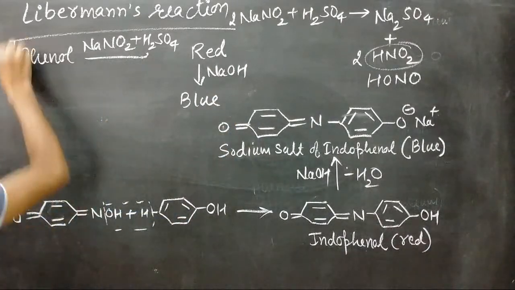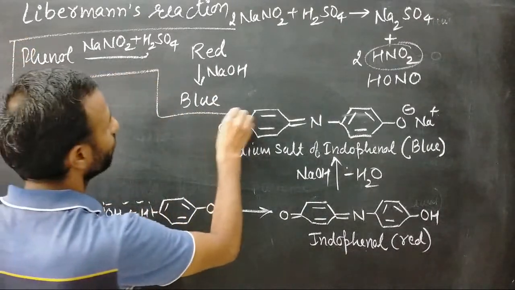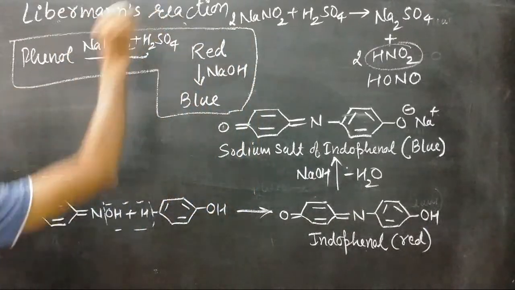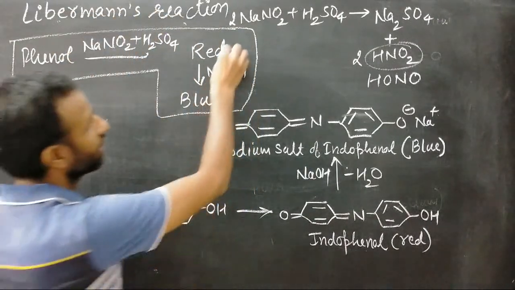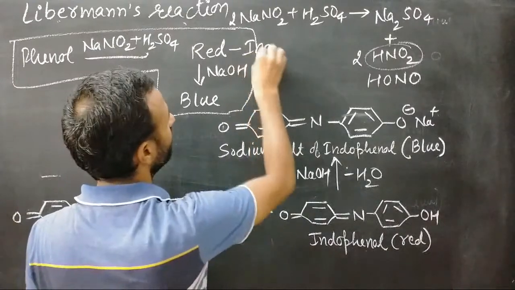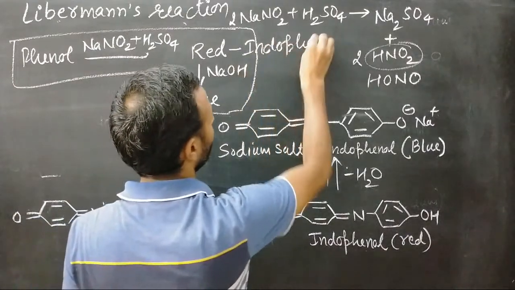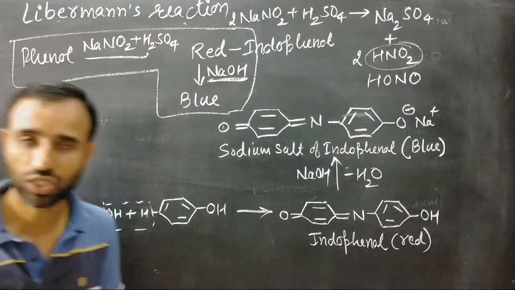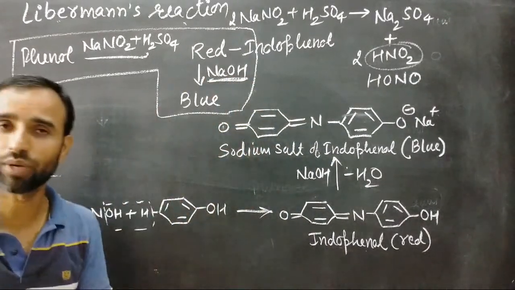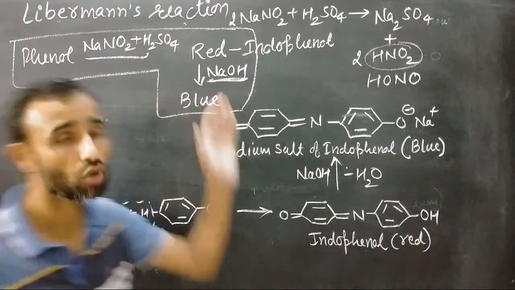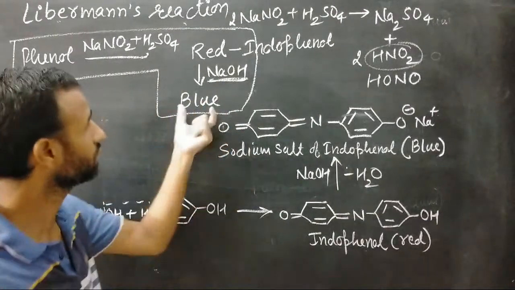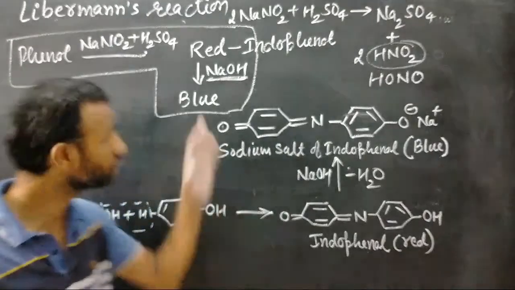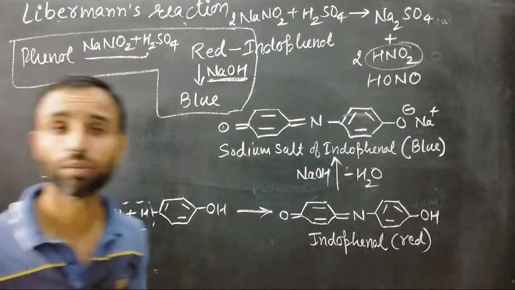So if this takes place, it is a test for phenol, and that is called Lieberman's reaction. This red color is due to the formation of indophenol, and in basic medium, in the presence of sodium hydroxide, we get sodium salt of indophenol, which is blue in color. So this is the whole thing about Lieberman's reaction.